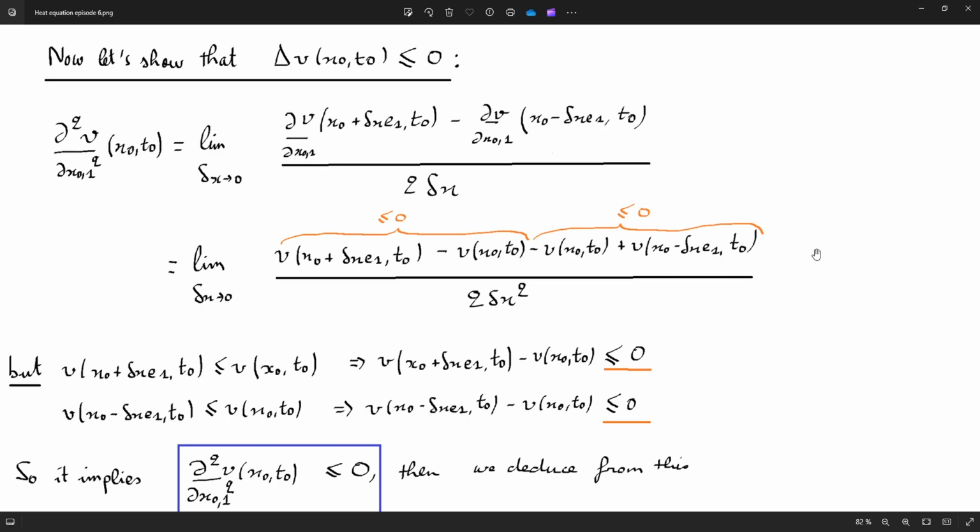So our second partial derivative is then equal to the limit when delta x goes to 0 of v(x0 plus delta x e1, t0) minus v(x0, t0) minus v(x0, t0) plus v(x0 minus delta x e1, t0) over 2 delta x squared.